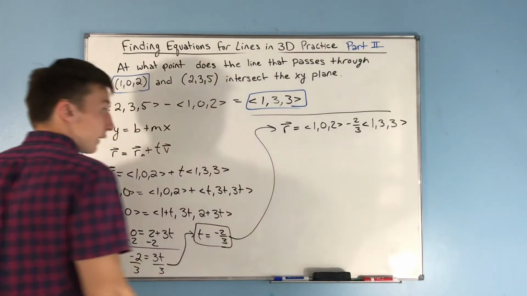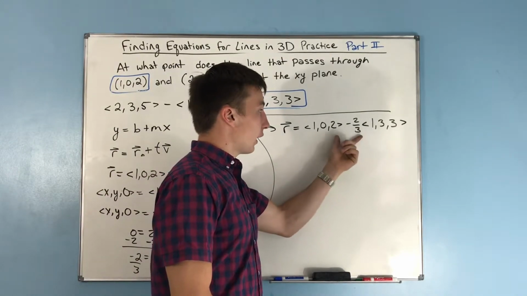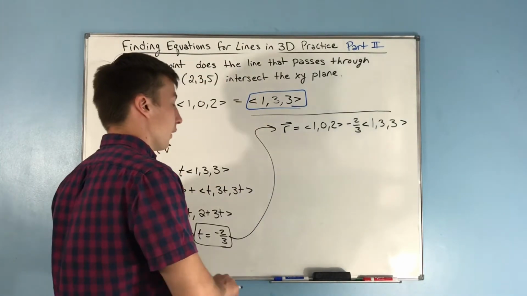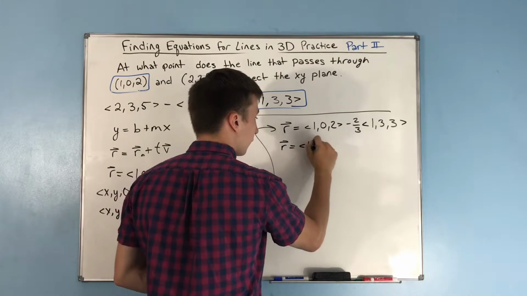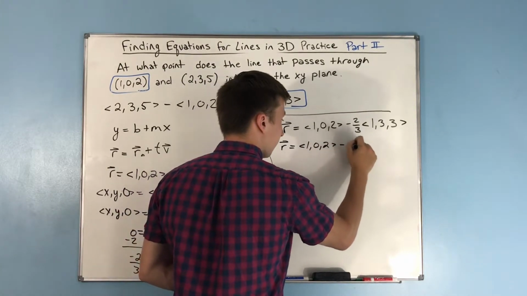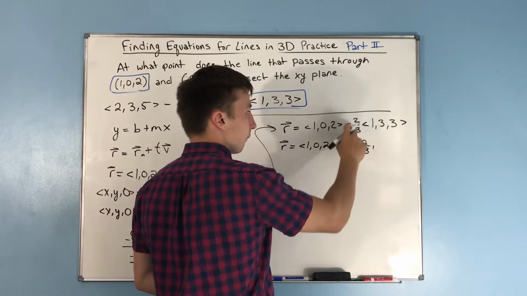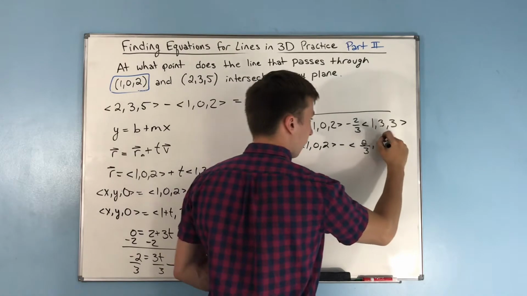All right, so the first thing that we're going to do is some scalar multiplication here. We're going to put this negative 2/3, or actually we can just put the 2/3 through this 1, 3, and 3. So we get r is equal to the vector 1, 0, 2 minus the vector 2/3, comma 2 over 3 times 3 is going to be just 2.